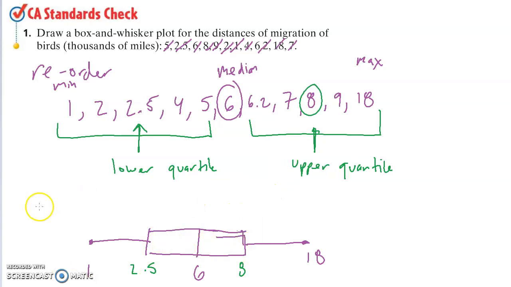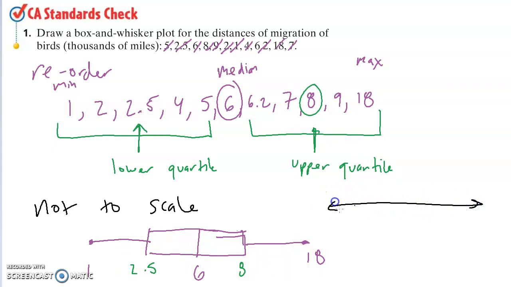Now note that this drawing right here is not to scale, meaning if I put this on a number line, they would not be evenly distributed. There's no way that the difference between 1 and 2.5 is approximately the same as 8 and 18. So they might be a little bit more stretched out if you ever have a number line where 1, 2, 3, 4, 5, 6, 7, 8, 9, 10, 11, 12, 13, 14, 15, 16, 17, 18.